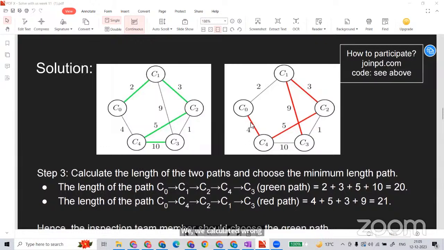So this is 4, then 5, 9, then 12, and this is 21. And if it is this way, 2, 5, then 10, and then again it is 20. We calculated 18, so yeah, this is wrong. So this is 21, and this green part will be the path with minimum weight.